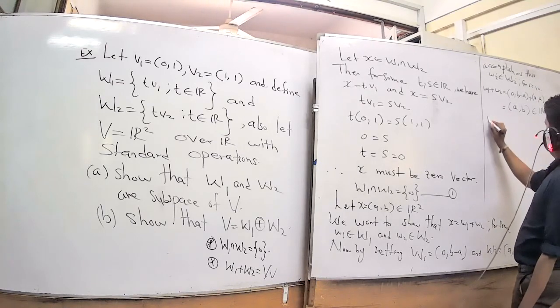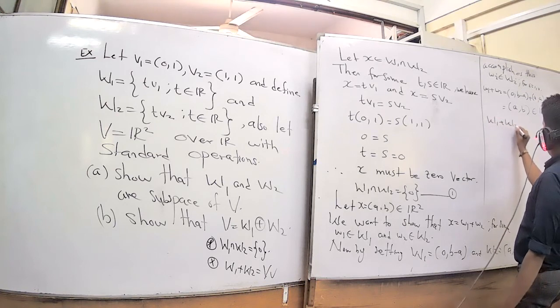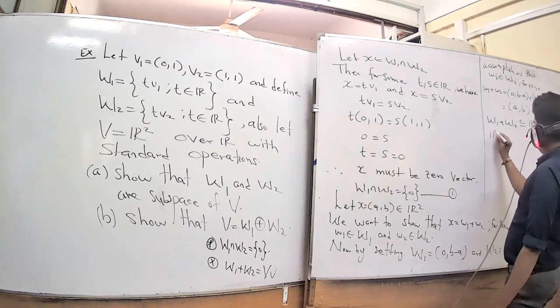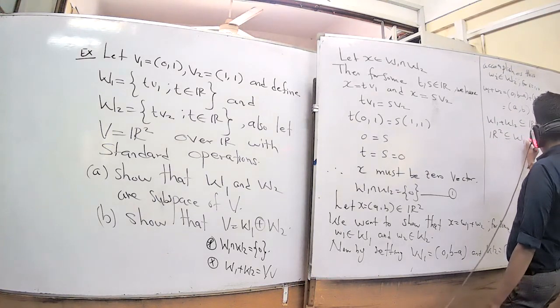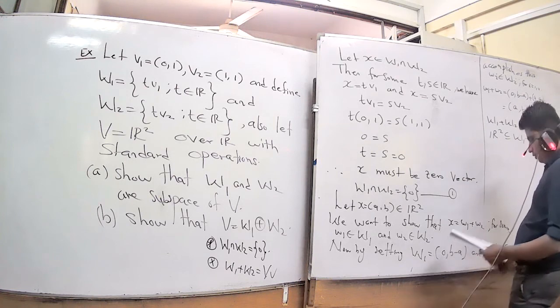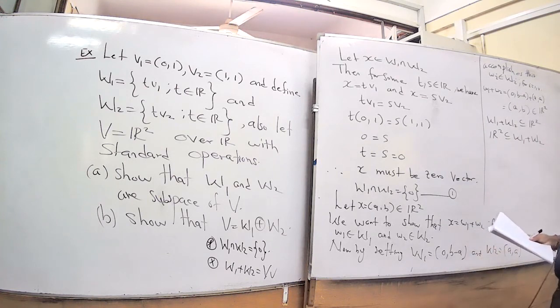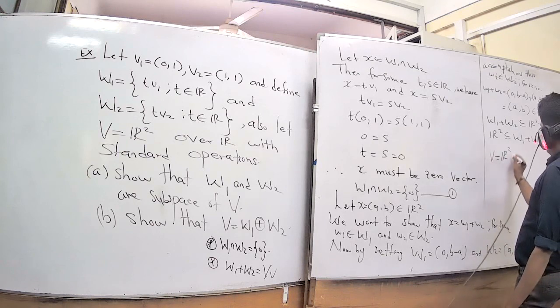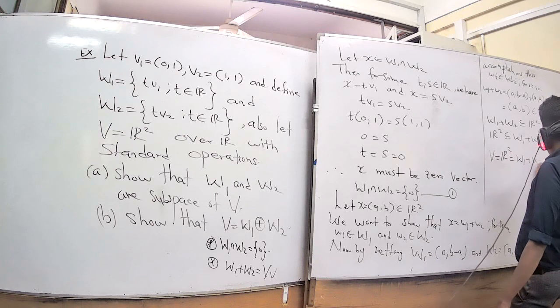That means capital W1 plus capital W2 is a subset of R squared. And obviously R squared is also a subset of W1 plus W2. Therefore, you can write V, meaning R squared, equals W1 direct sum W2.